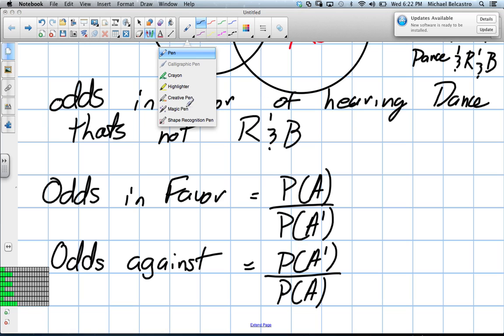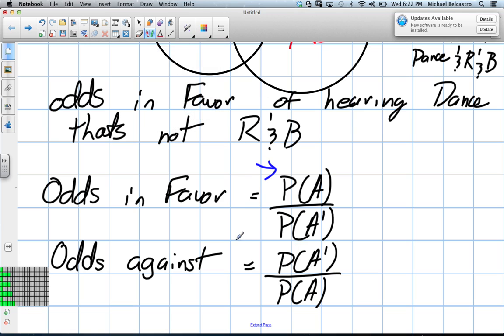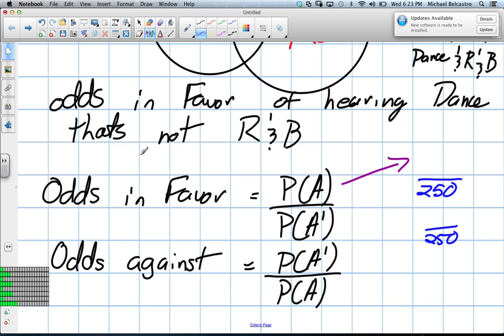So we actually have to determine the probabilities of each. Since it's the odds in favor of hearing dance that's not R&B, well, how many total songs were there? 250. That's right, 250. And event A actually happening, well, how many songs were pure dance songs? 120.